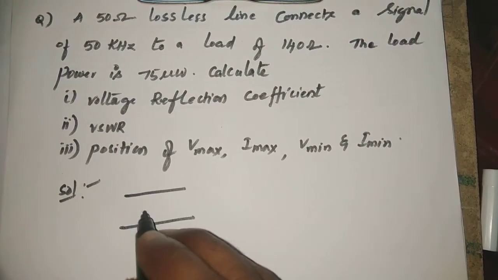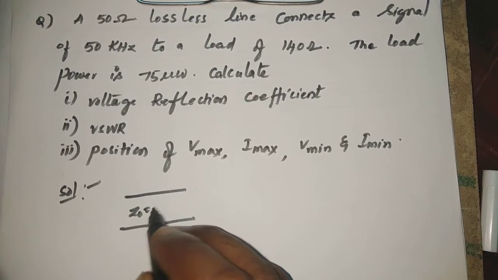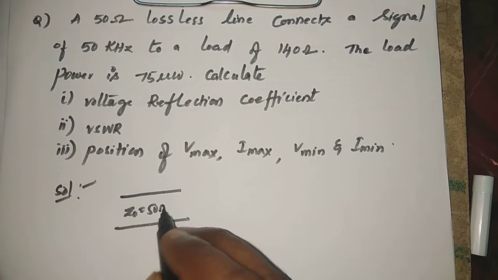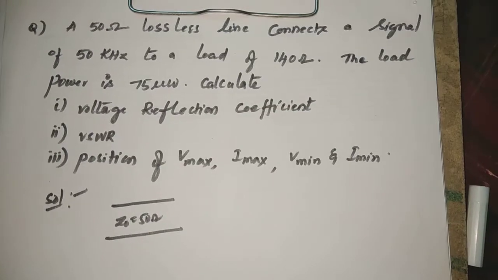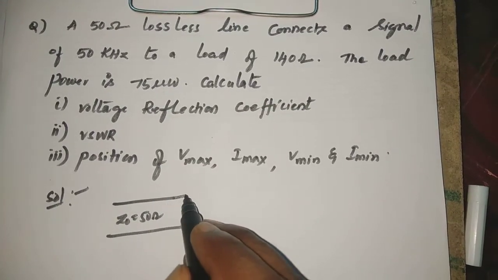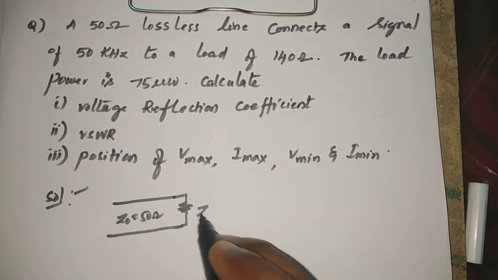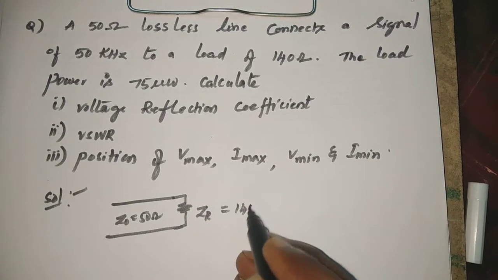This is a transmission line whose characteristic impedance is 50 ohms, and it is terminated with the load impedance ZR equals 140 ohms.